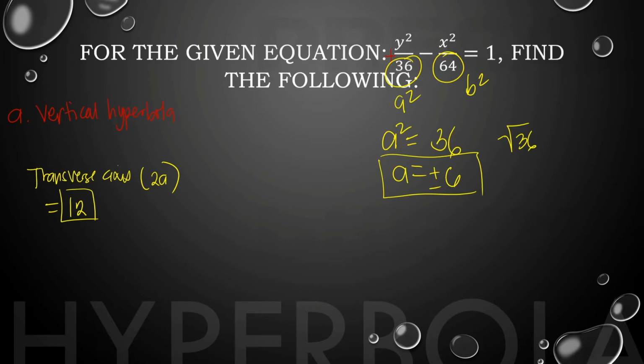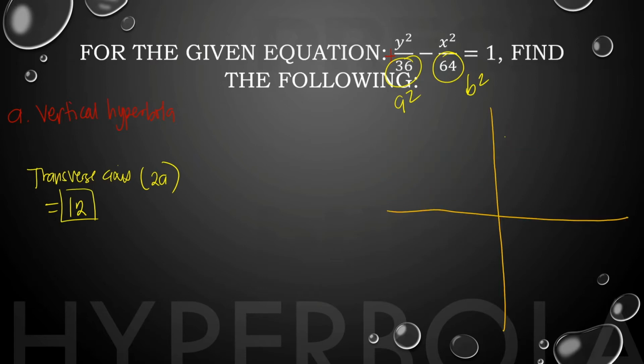And then, i-graph natin. Obviously, yung center niya is 0, 0 dahil wala namang h and k. So, bilang tayo ng 6 units pataas and pababa since isa siyang vertical hyperbola. Ito yung transverse axis, and ito yung endpoints or vertices.